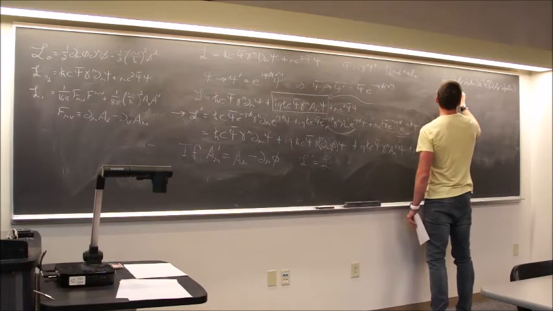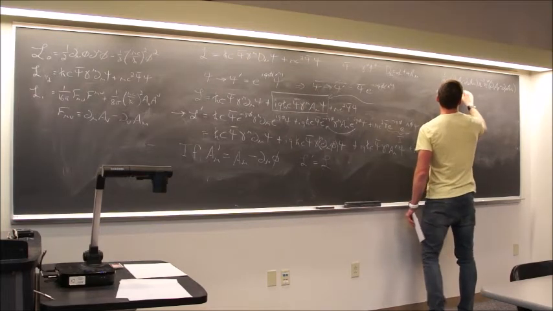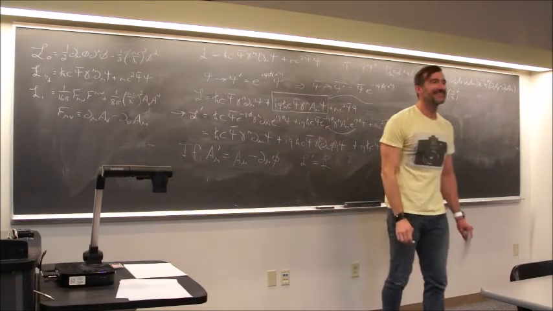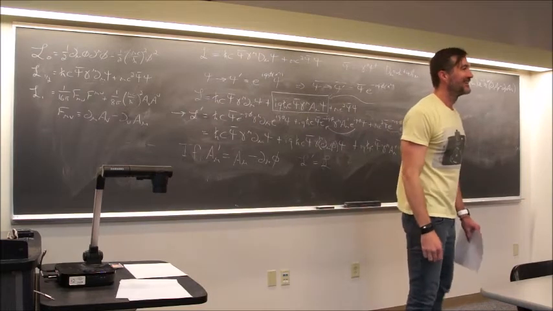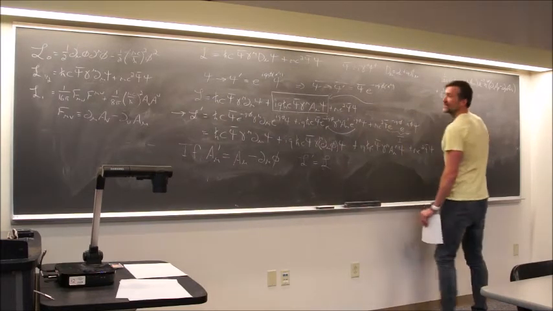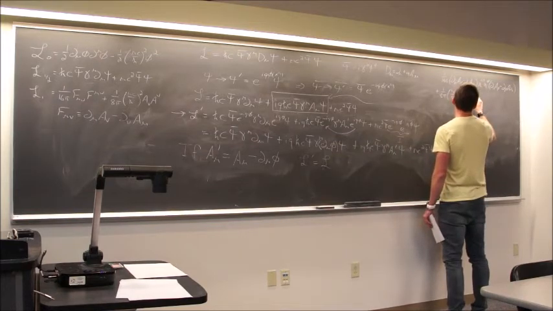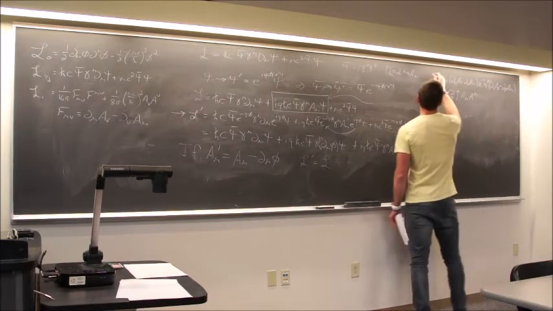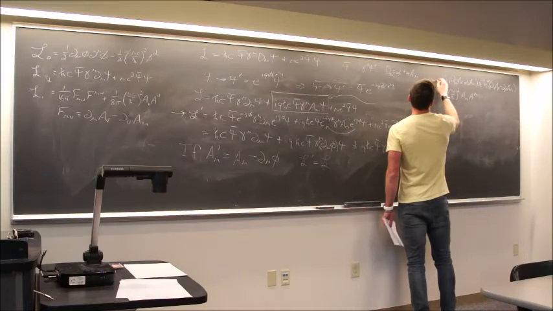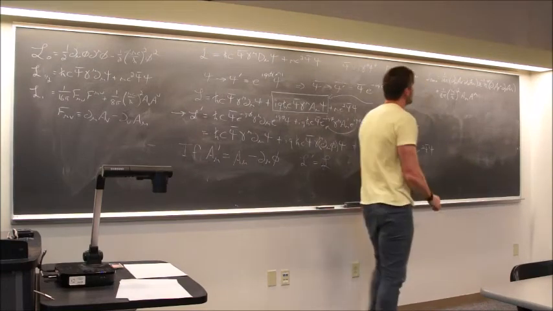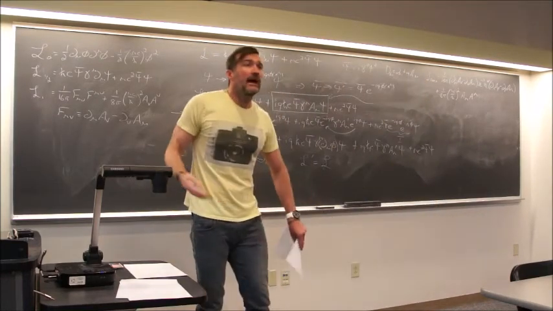You guys, are you at all getting the sense of why particle physicists set c and h-bar equal to 1? Anyway, okay. A mu, or A nu, it doesn't matter what you call it, it's repeated. Okay. So this would play a nice, yes.